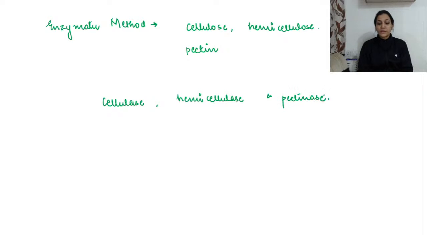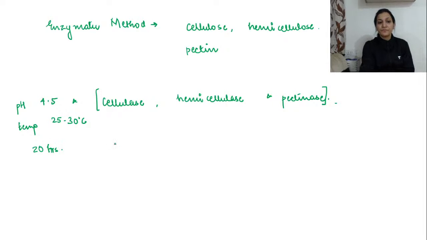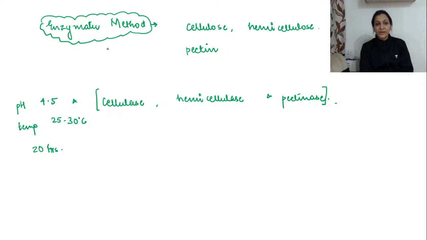So in plant cells, we can use cellulase, hemicellulase, and pectinase at a pH of 4.5, temperature 25 to 30 degrees Celsius, and an incubation period of 20 hours, and we can obtain the viable protoplast, right? So this is the enzymatic method by usage of enzymes, and we know that the cell wall is made up of these things.